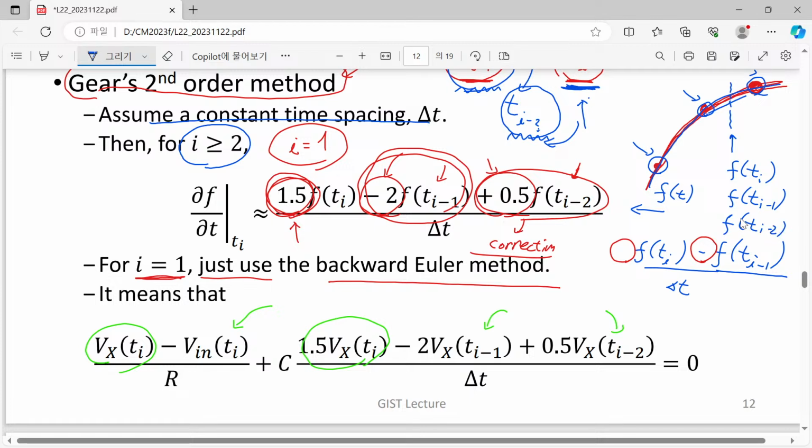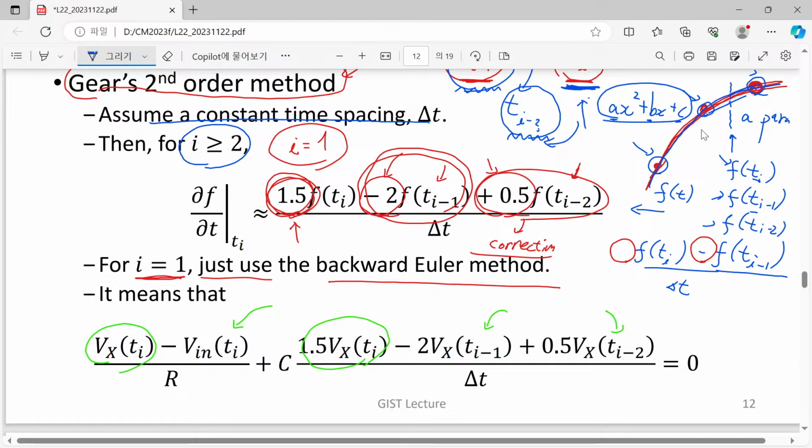So are you with me? Since we have three different values at three different time instances, these curves can be matched by a parabola, because a parabola, ax squared plus bx plus c, has three unknown variables, and with three time instances and function values we can find a certain form.